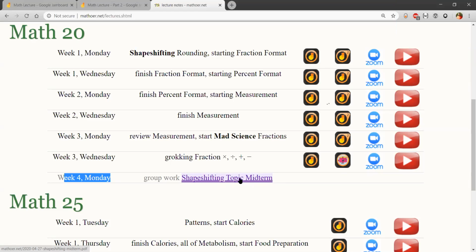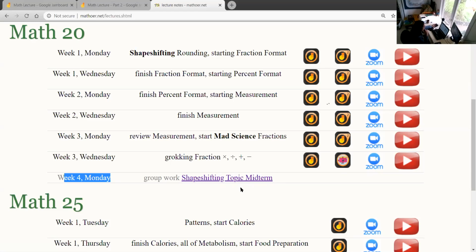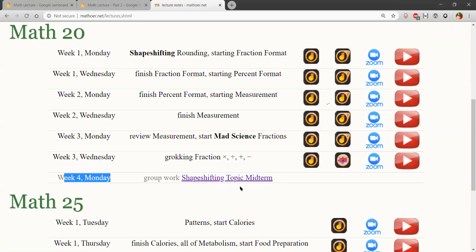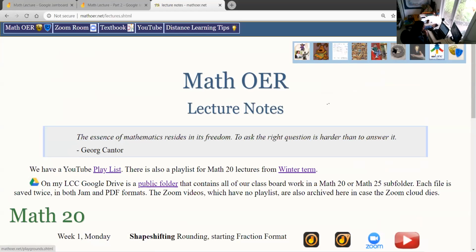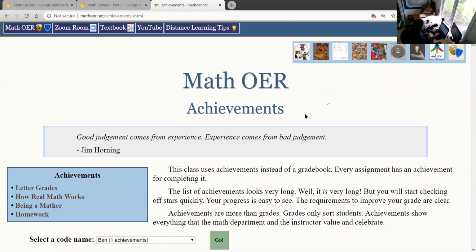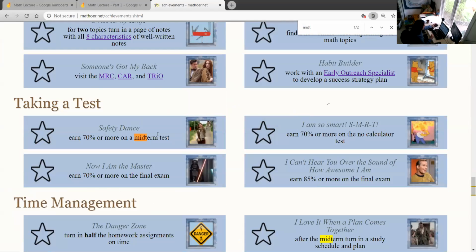When is the midterm due? Whenever you get to it. No one cares how much math you know in week 4. And you don't have to do a midterm. If you look carefully at the achievements, scoring well on a midterm means you don't have to do as well on the final, because you can have your star here with the do well on a midterm instead of here with the do very well on the final.